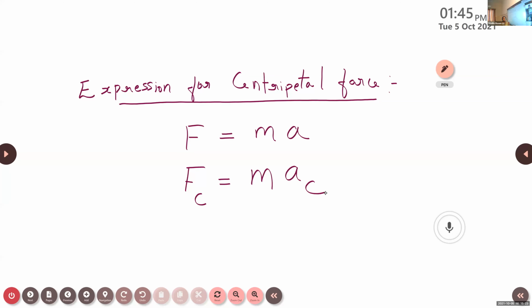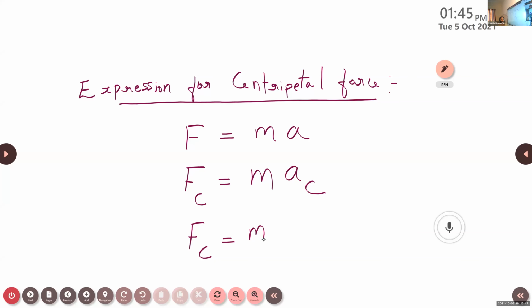So the force acting on an object can be calculated by F is equal to ma. But here we consider the centripetal force. The equation becomes Fc is equal to m, mass of the object, into centripetal acceleration, that is AC. That is Fc is equal to mass m into, what about the centripetal acceleration?